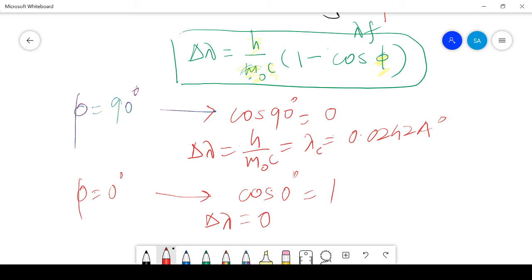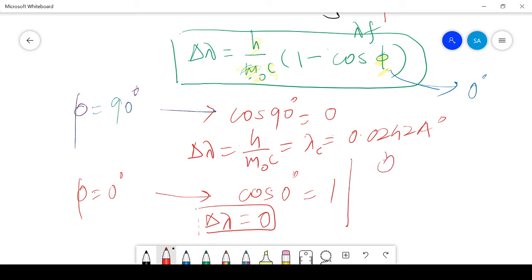Why is this value 0? Cos 0 degrees means 1 minus 1, which gives 0, and due to that del lambda is equal to 0. So the shift in wavelength is equal to 0.